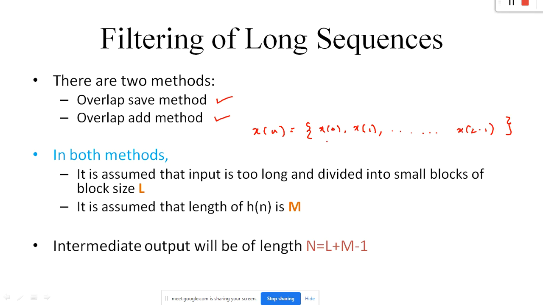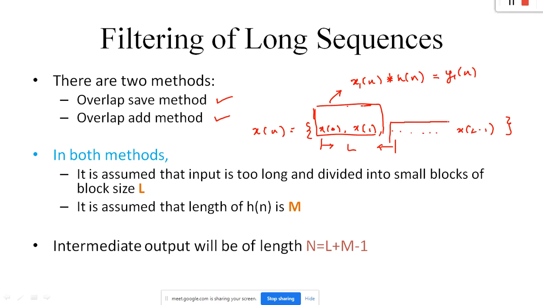In such cases, we divide this into blocks of some length L, and we take this first block. I call this the first sequence of x of n, and I perform a circular convolution with h of n. Now I am going to get one output y of n.